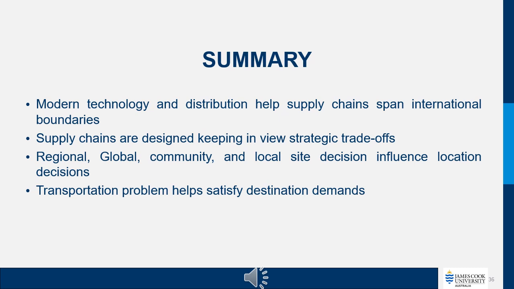The transportation problem, a linear optimization model, plays a vital role in satisfying destinations' demand by optimizing transportation routes and resource allocations. Overall, supply chains have become increasingly complex, and leveraging technology, strategic decision making, and efficient transportation management are the key to achieving success in today's global marketplace.